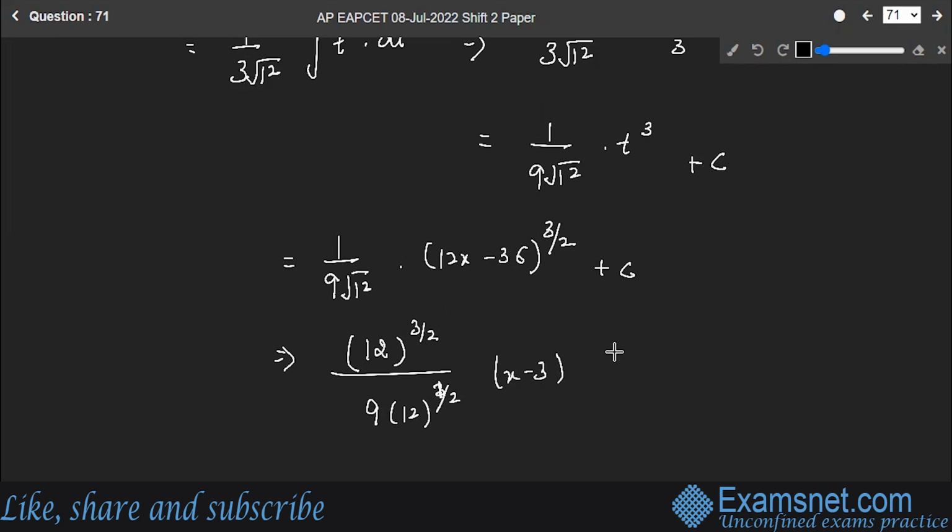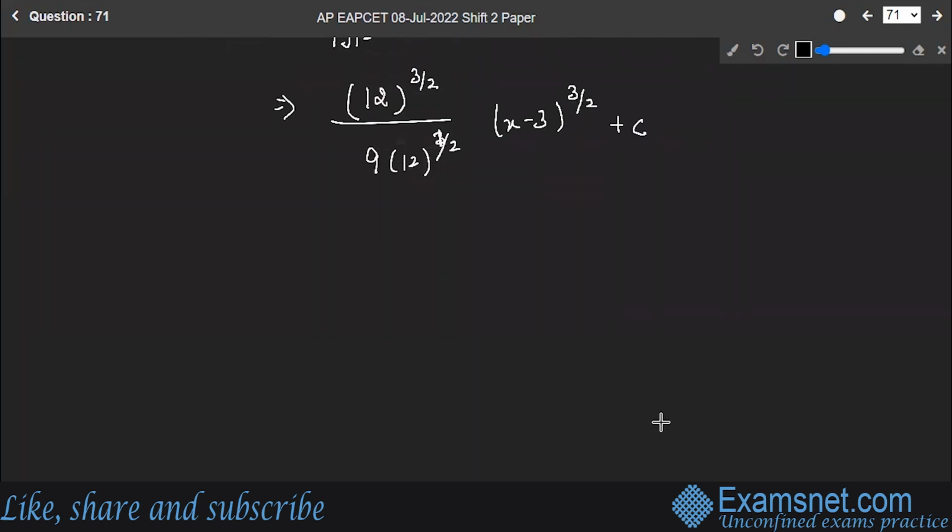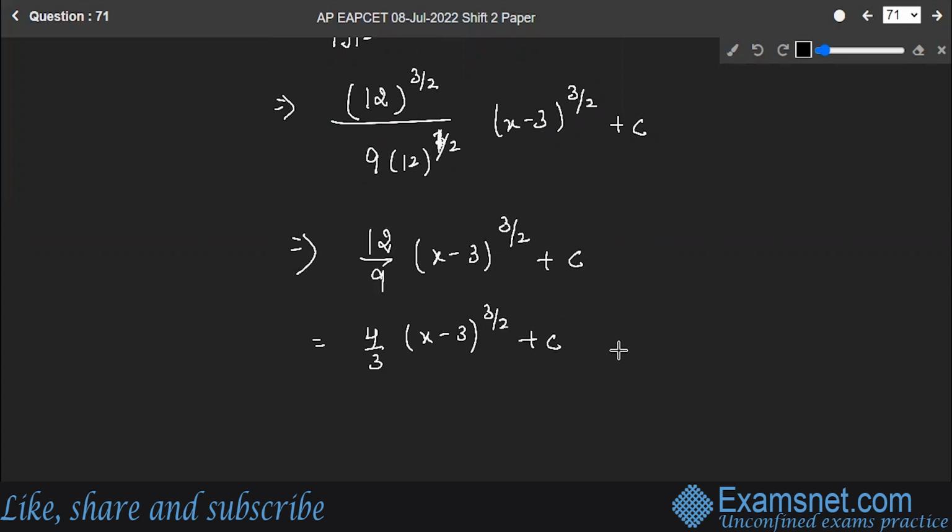I have taken the 12 common from here. Okay, and inside I'll be left with x minus 3 raised to power 3 by 2 plus c, which on solving further will give me, see, this is root 12 and over here I'll be left with 12 upon 9 only. x minus 3 raised to power 3 by 2 plus c. So this will be 4 by 3 x minus 3 raised to power 3 by 2 plus c if x is greater than 6, right?